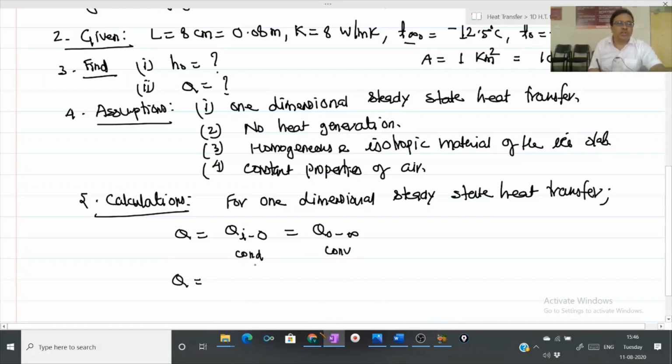So from Fourier's law of heat conduction, I can write rate of heat transfer from bottom surface of the ice layer to the top surface by Q equals k A (Ti minus To) over L, and from upper surface of the ice layer to the ambient air by convection, Newton's law of cooling, Q equals ho into A into (To minus T infinity).